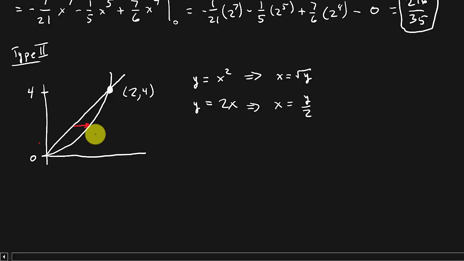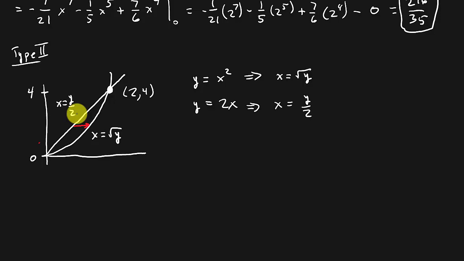I know it's plus or minus, but if it was the minus one, we would be dealing with this side over here, and we're just dealing with this side, so it's the positive one. And this one is x equals y over 2.